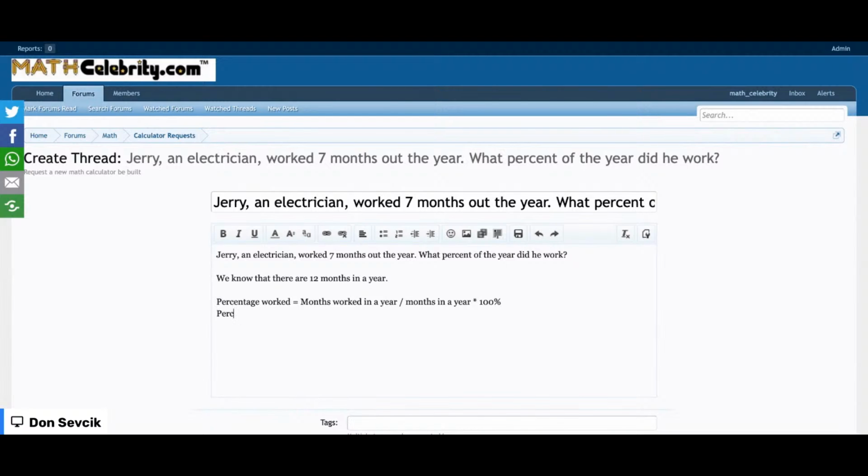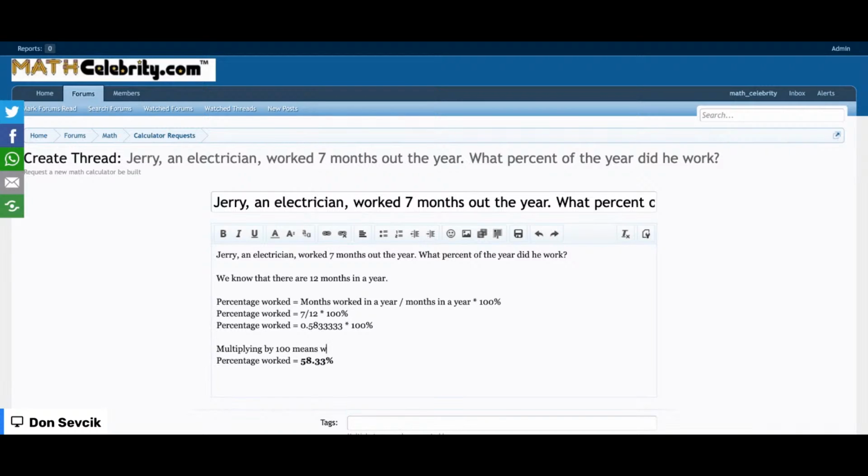Percentage worked equals, let me copy this so I don't have to keep typing this, 7 out of 12 times 100%. Go off screen here. 0.583333 equals 58.33%.